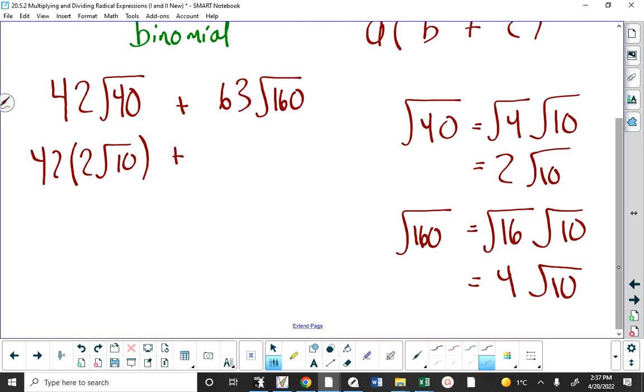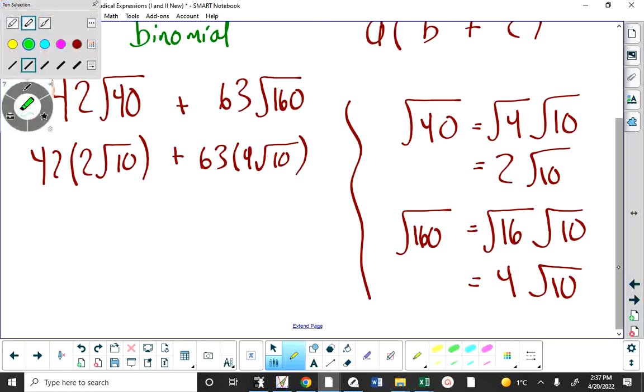Again, if you chose to do this work in here on the left, you can. I just like doing it off on the side. So we have 63 times 4 root 10. What do we get? See, we're back to this thing again. Coefficient by coefficient.